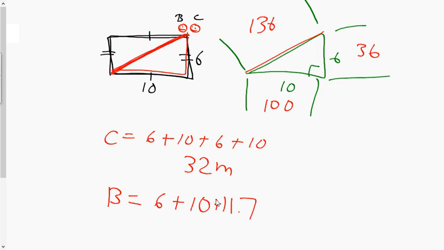So Mr. Bridges would have run 6 plus 10 plus 11.7, which is 27.7 meters. But we're not done yet, are we? The question on your story problem would be, how much farther did Mr. Connell run? Which is the difference, 32 take away 27.7 equals.